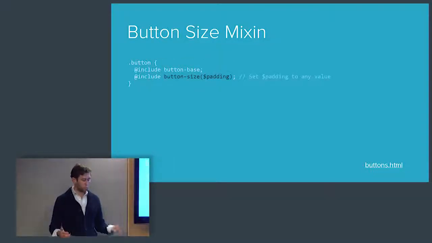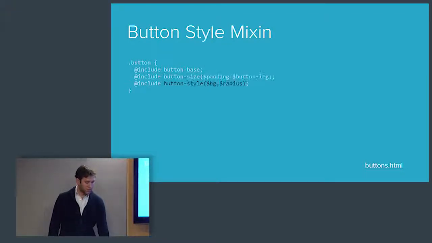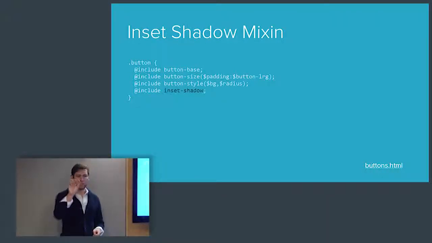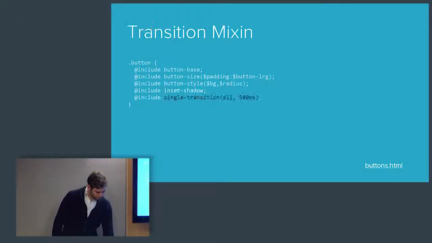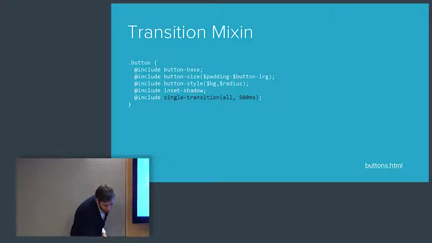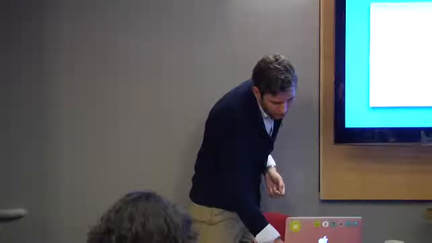We can add the button size, and we want to pass the padding argument to that. We can change the style with the background and the radius. We can add the inset shadow, which is that little shiny white thing at the top to make it look a little bit more like a button. And then we can add in how transitions work.